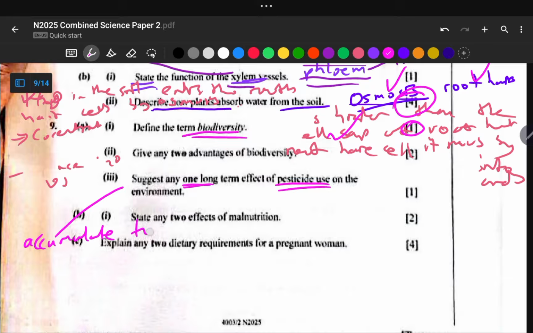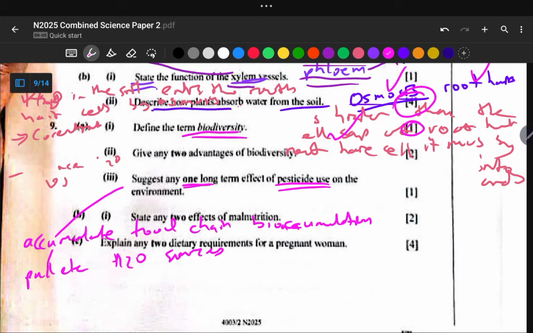This is what you call bioaccumulation, right? And then they can also pollute the water sources, making them toxic to the aquatic environment, right?